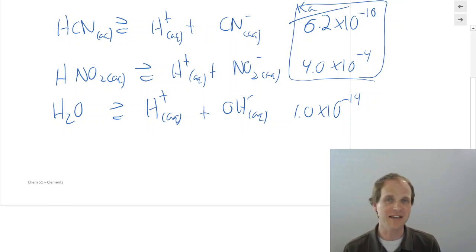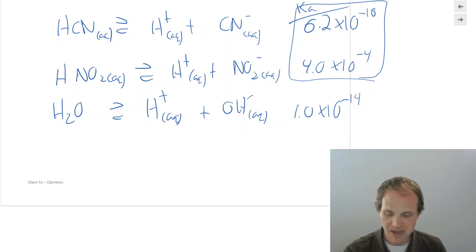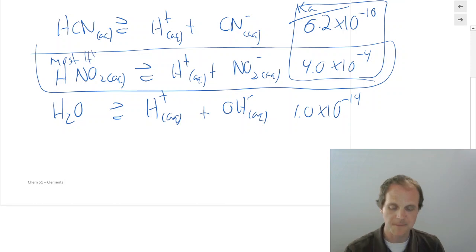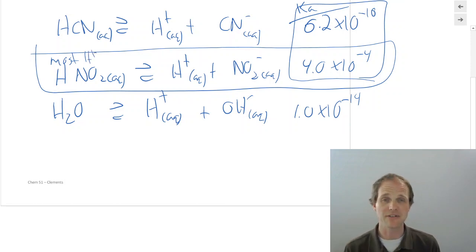When we square root that and multiply it by the concentration, whatever we do with our small x assumption, we're going to get a lot bigger number than we would in the case of 6.2 times 10 to the minus 10th. And so we might make the assumption that this one is going to be contributing most of my H+. In fact, that ends up being a very, very good assumption. When we have several weak acids, it's only the strongest one that's going to make the most contribution to H+.